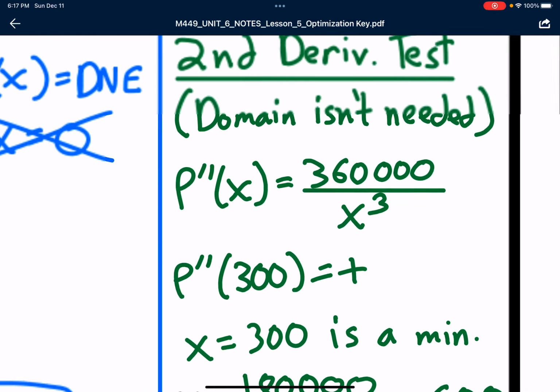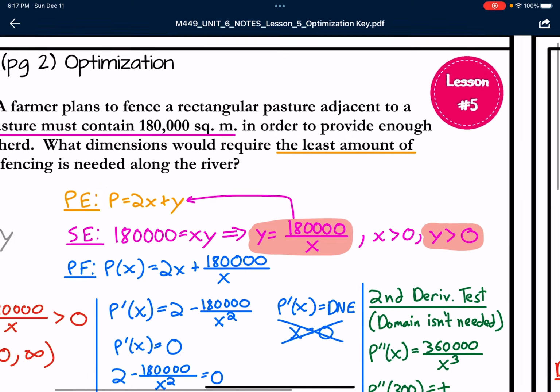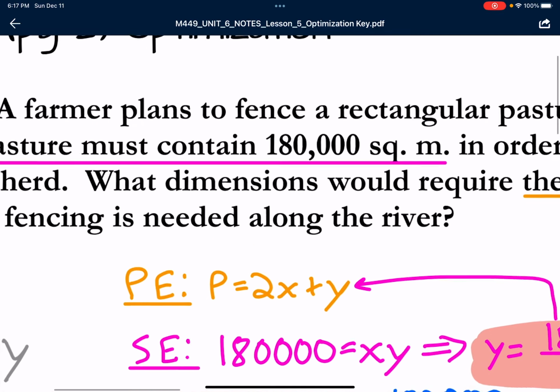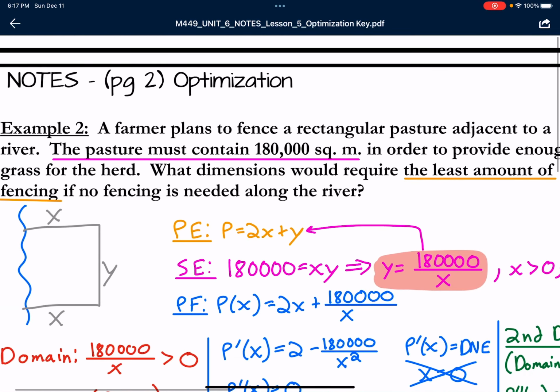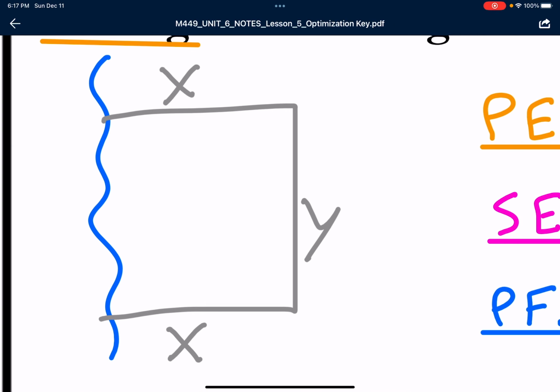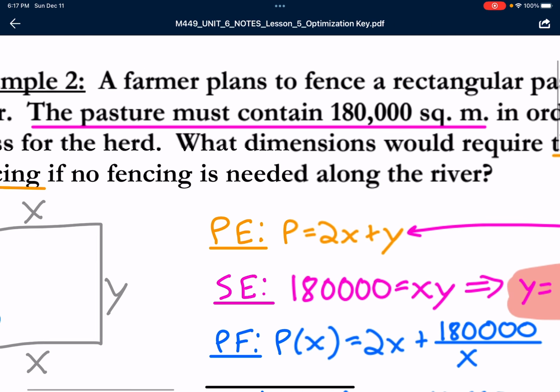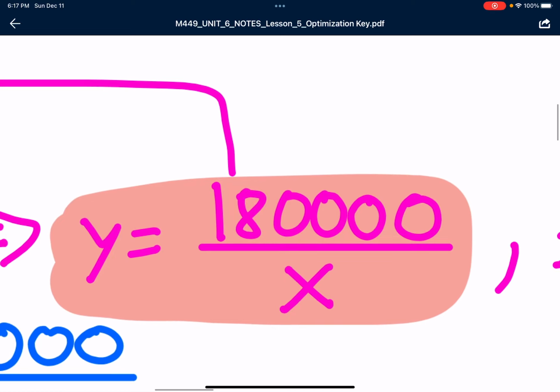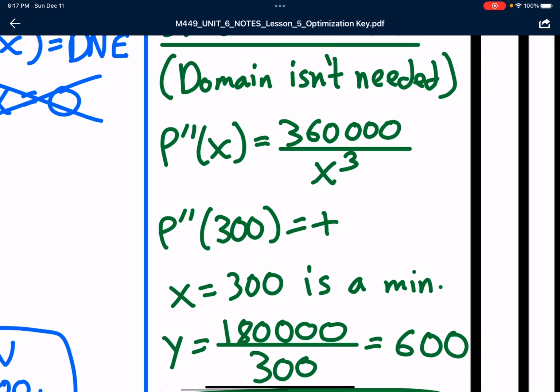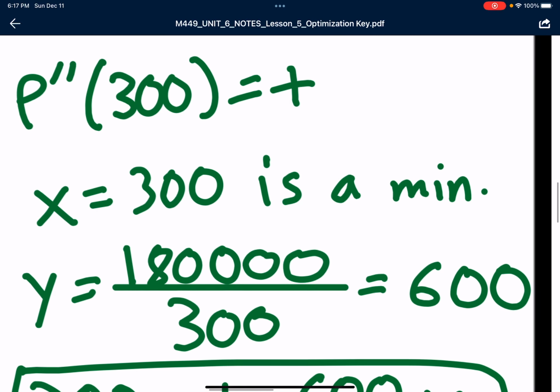And now we go back, excuse me, and we answer the question, right? What dimensions would require the least amount of fencing? We just found that x equals 300 is our minimum, and so we need to now figure out what y is. And so we have to do 180,000 divided by 300. And remember, you can cancel off the 2 zeros at the end of each of those.